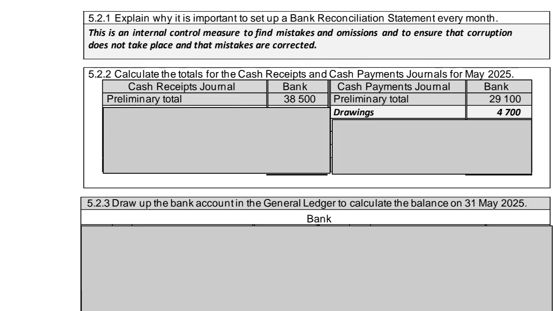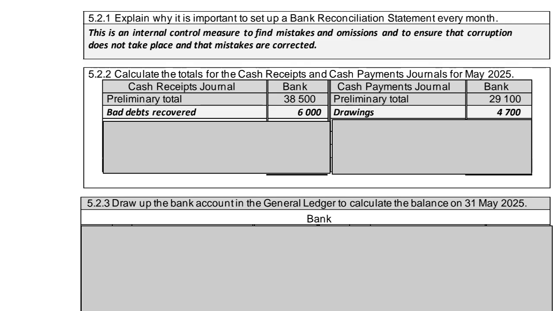R4,700. B. A direct deposit made by a debtor whose account was previously written off as irrecoverable, R6,000. So that goes to our cash receipts journal as bad debts recovered, R6,000. C. An amount of R12,000 was paid directly into the business's bank account relating to rental income.